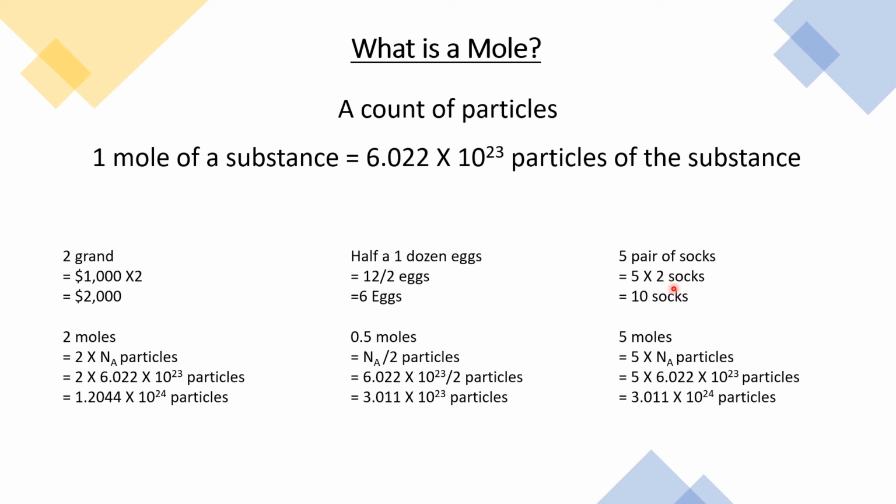So 5 times our 2 socks, making 10. Same thing here. If I had 5 moles of a substance, I'd have 5 times the Avogadro constant of particles, or 5 times 6.022 times 10 to the 23 particles. So that would be 3.011 times 10 to the 24 particles.